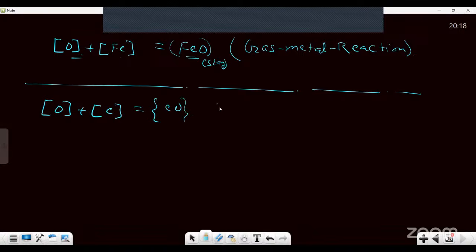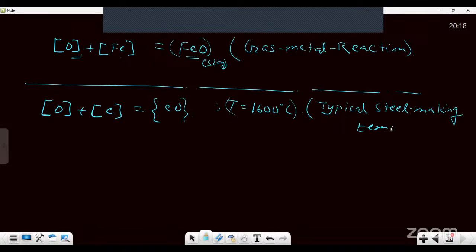Okay. Typically, suppose the temperature we have given is 1600 degrees Celsius, because this reaction will take place at high temperature. And this is typical steelmaking temperature. Like I said, most of the oxidation reactions are exothermic.